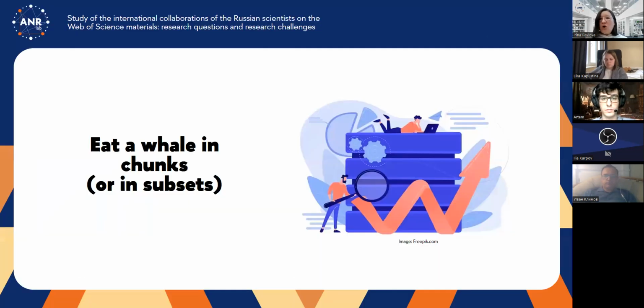So with the methodology, we decided to work with a very large extensive data set in chunks, because we had to think more about research questions and definitely research problems. So, eating a whale in chunks, we decided to move with the subsets.